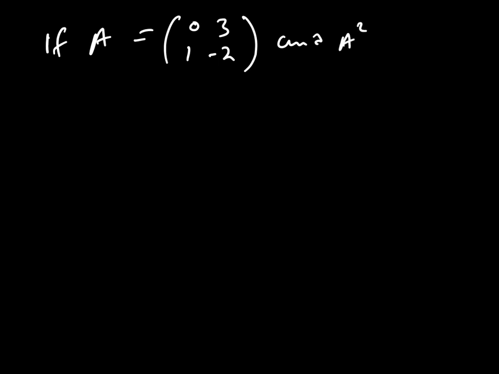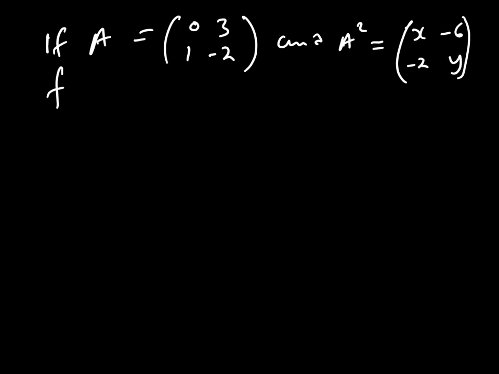How about this? Says if matrix A is 0, 3, 1, minus 2, and S squared is x, minus 6, minus 2 and y.